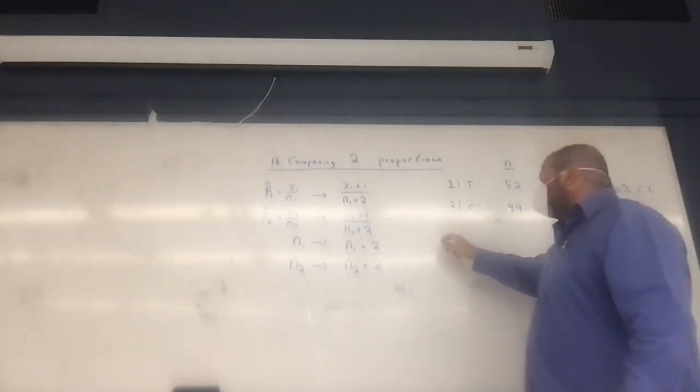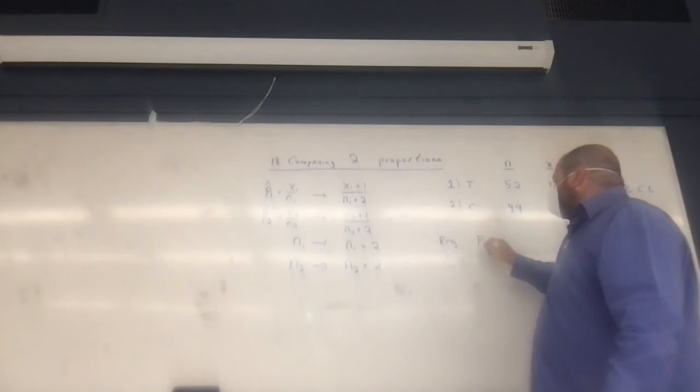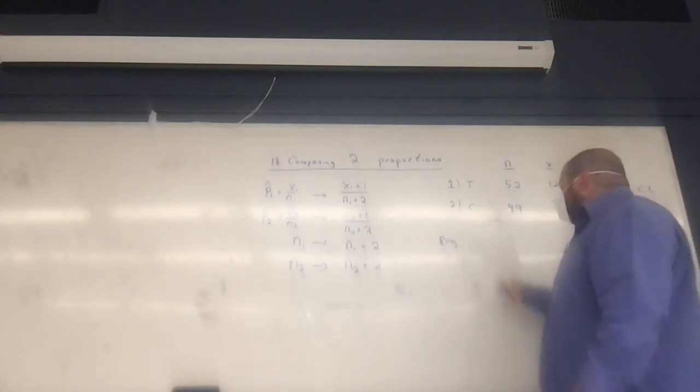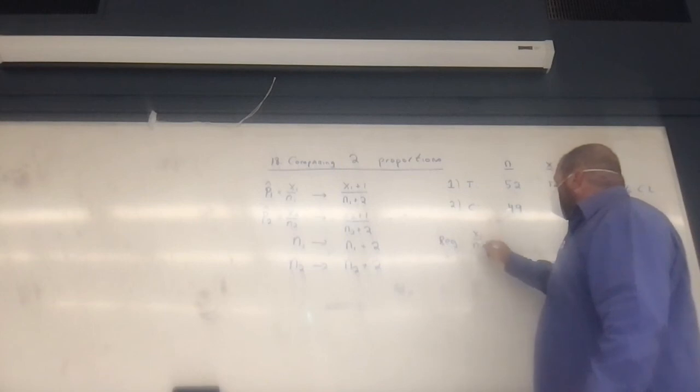Normally, I'm going to first write the original one. The regular one, which we can't use, is, I'll use X's and N's, X1 over N1 minus X2 over N2.